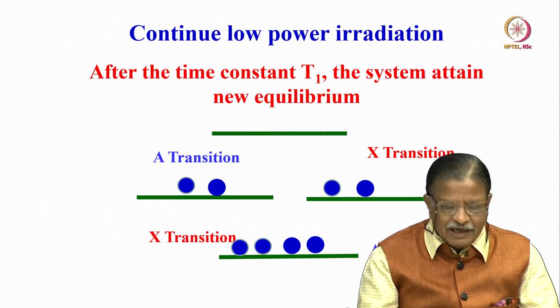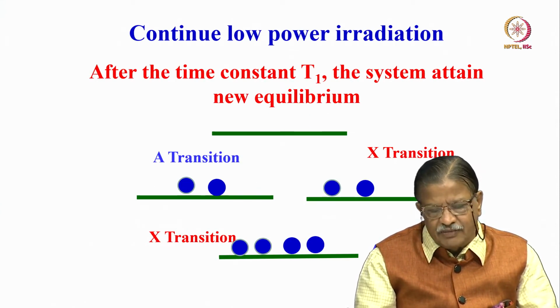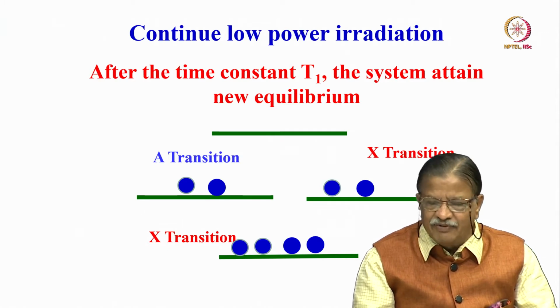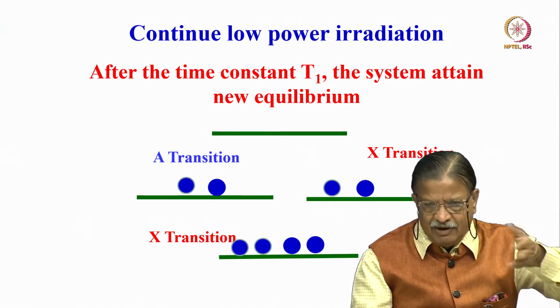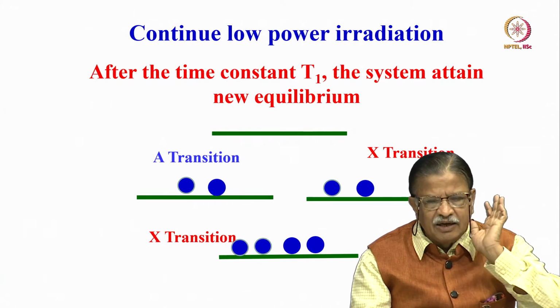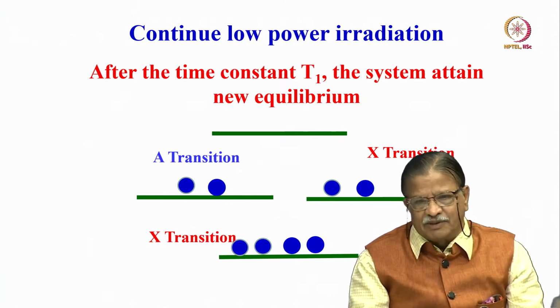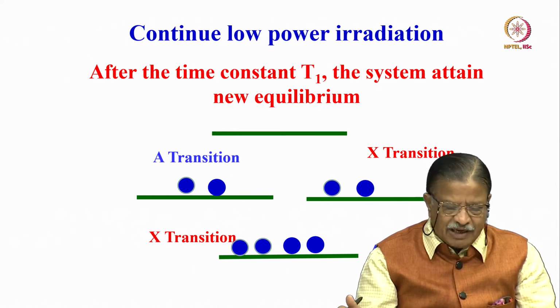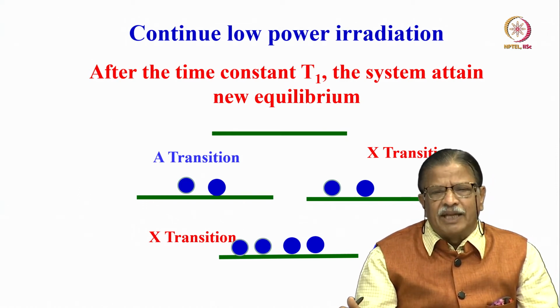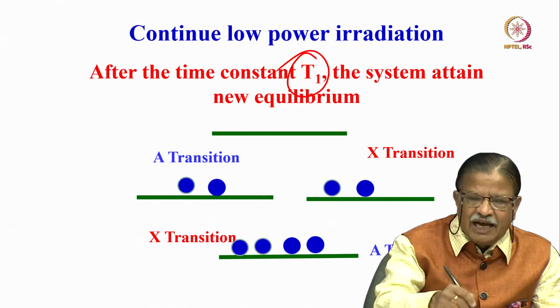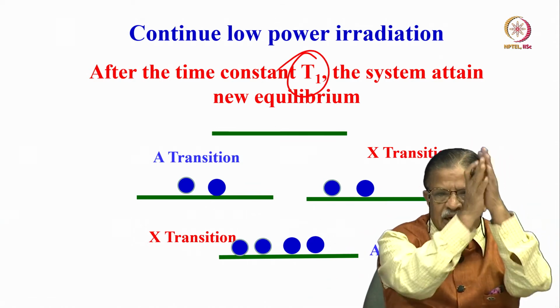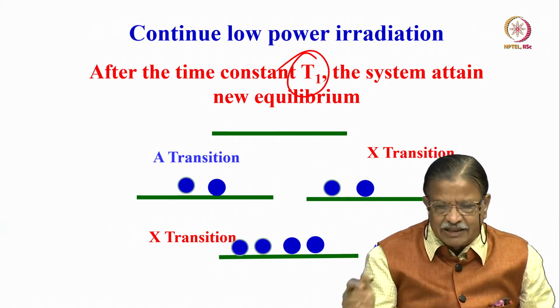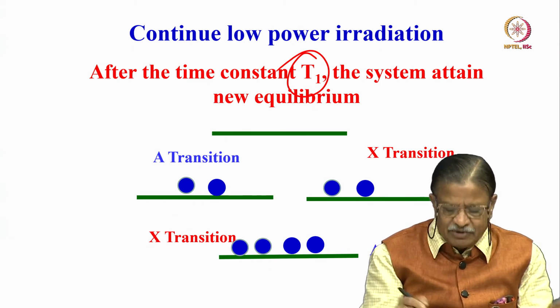Now, let us continue to do the low power irradiation for some time. All these phenomena are happening while we are irradiating one of the spins continuously with low power RF. Now, after some time what will happen? Wait for some time T1, which is the relaxation time required for the spins to come back to Z axis, attaining thermal equilibrium. Now, it has come to this state.